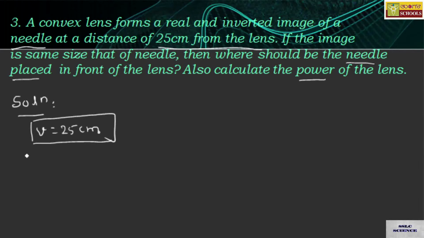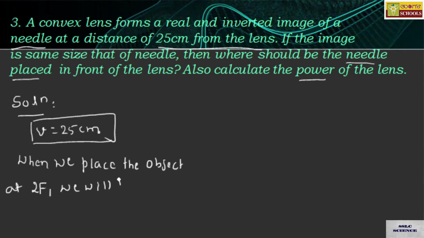We already know that when we place the object at 2f1, we will have the image at 2f2.